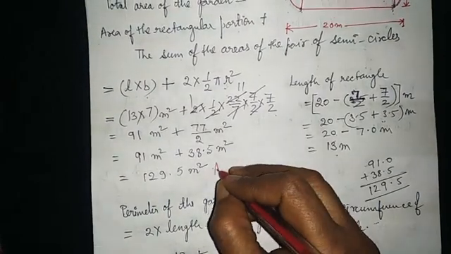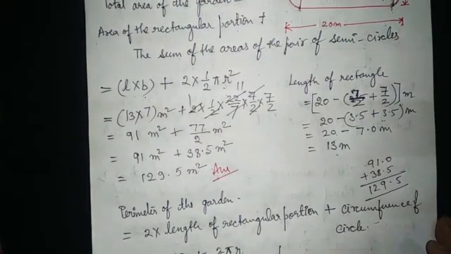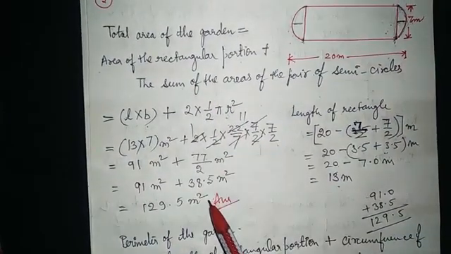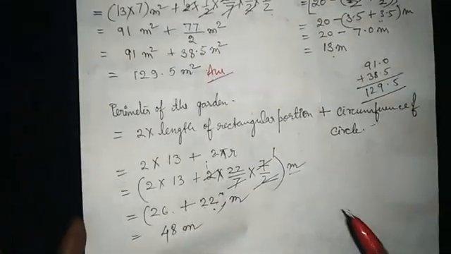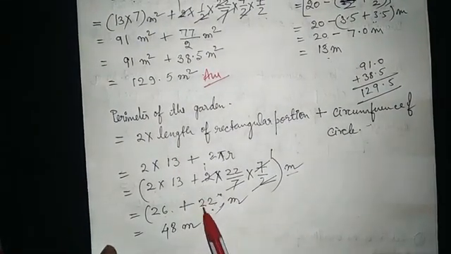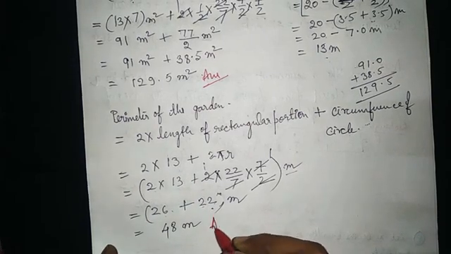Like this you have calculated the total area of the garden, and here you have calculated the perimeter of the garden.